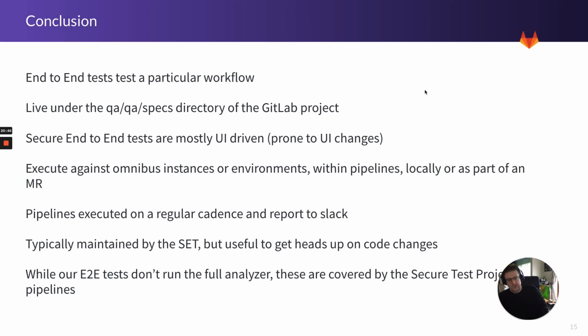So in conclusion, our end-to-end tests are testing particular workflows. They're living under the QA specs directory, mostly UI driven, so if there are UI changes, front-end changes that can affect the tests, that's not to say that back-end changes don't affect things.